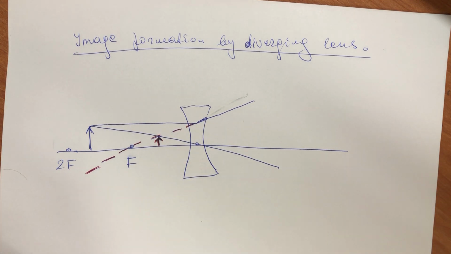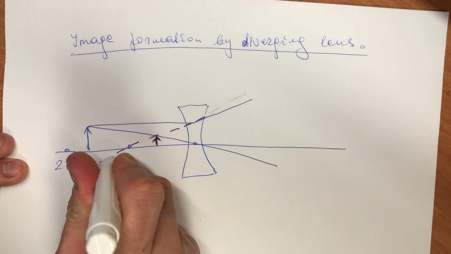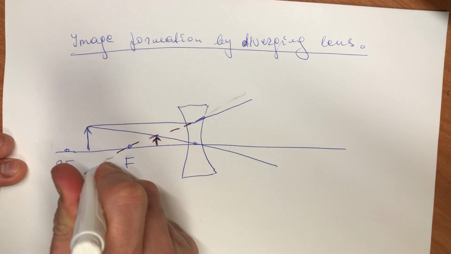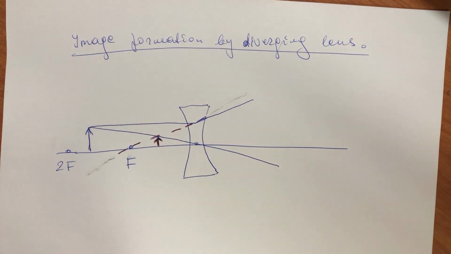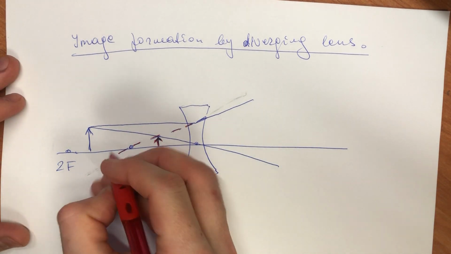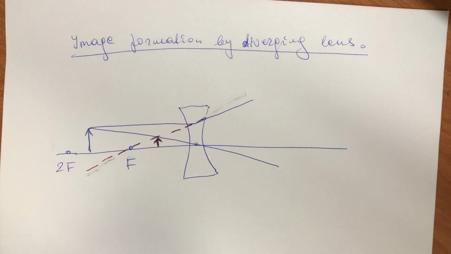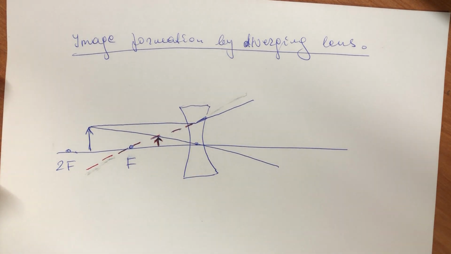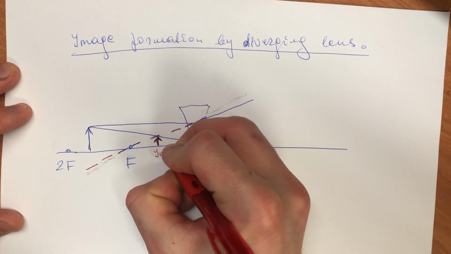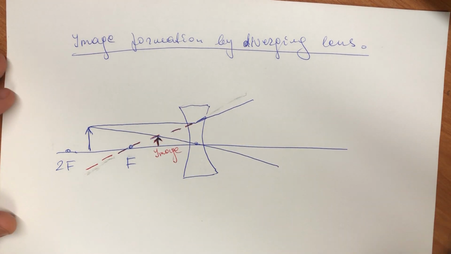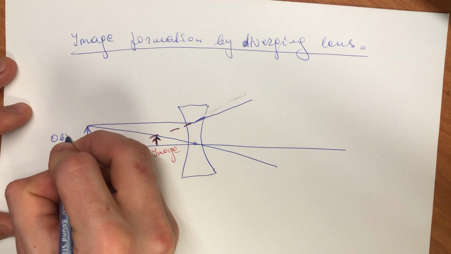Again, this is virtual light ray. This is virtual light ray. So this image is image, this is object.